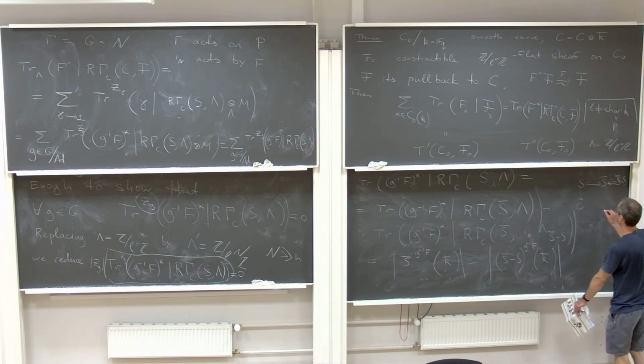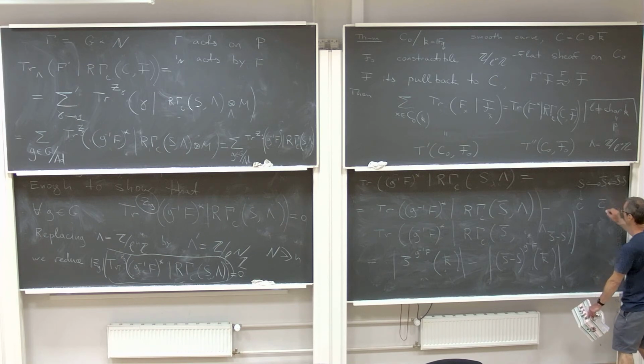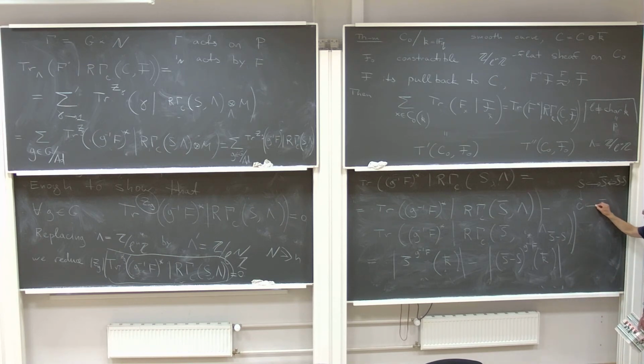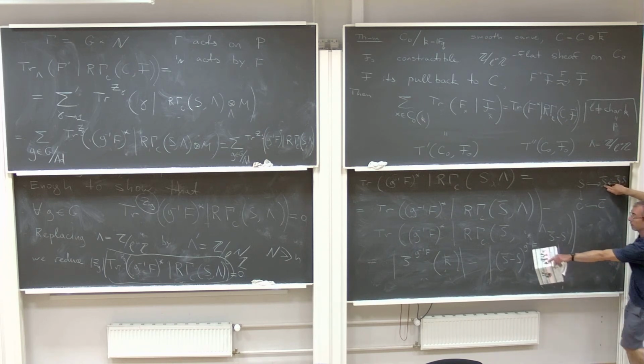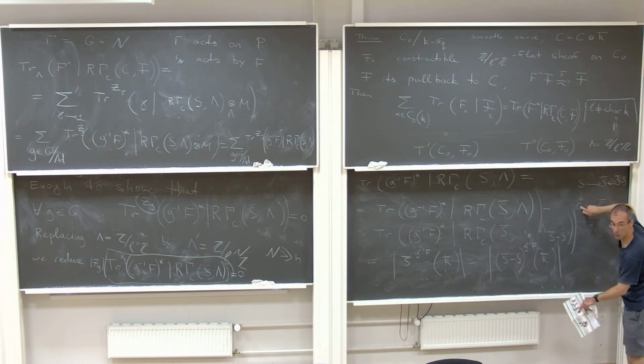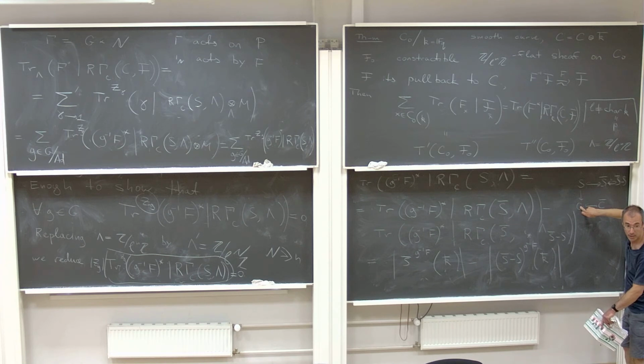So this is C bar, right? So any point here which is invariant under this endomorphism lives over C. Because the morphism should be ramified at that point. Well, because G acts here, trivially here, right?